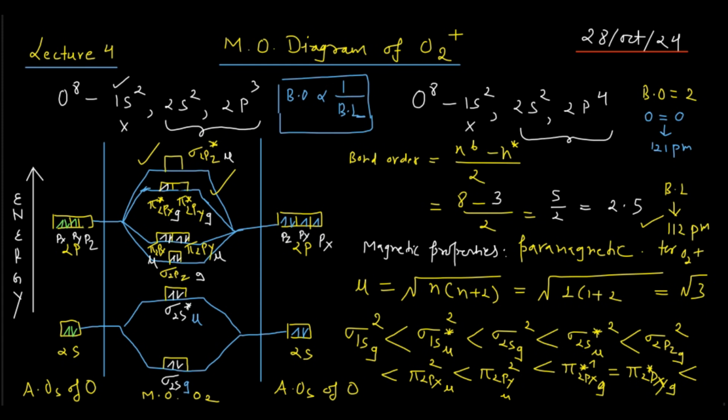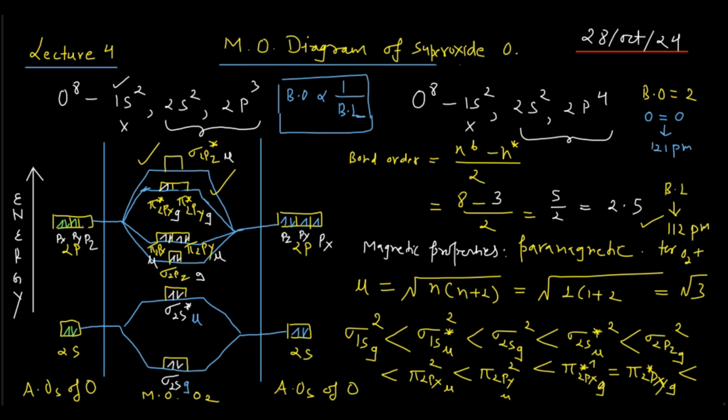Now if you want to draw the molecular orbital diagram for, say, your superoxide ion, right? So I am writing here superoxide molecular. See what I can do, I can shift it here and then I can remove this and then I can write superoxide, right?